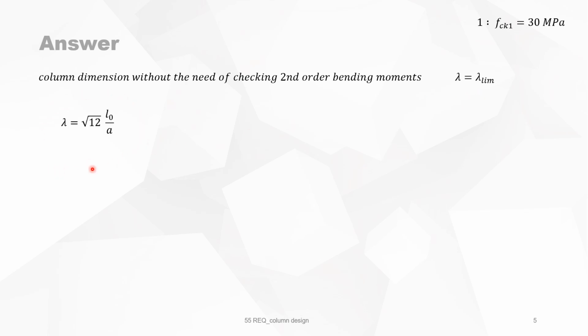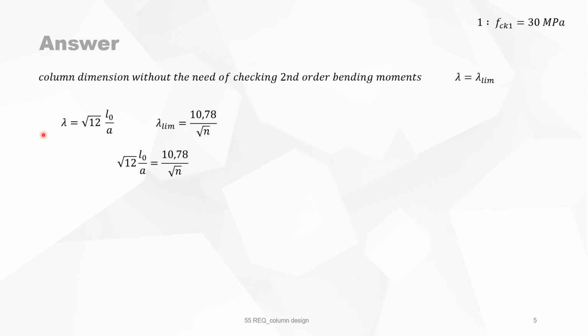And lambda is the square root of 12 times L0 over A, that we've seen on the previous slide. The lambda limit is 10.78 divided by square root of the load grade. 10.78 comes from the most general case with A, B, and C.